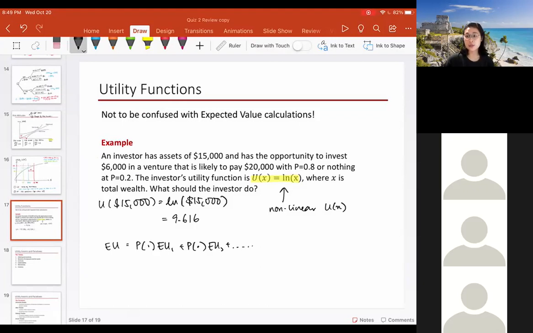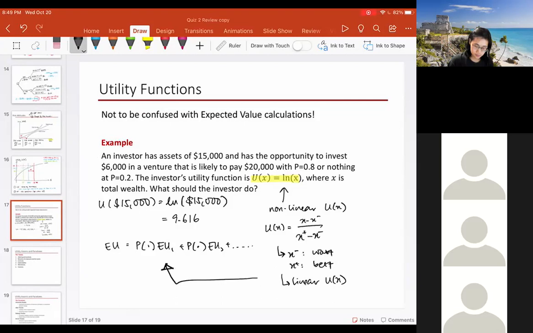An example of a linear utility function is where x minus is just the worst outcome and x plus is the best outcome. So this is a normalization of dollar value to utility. This is a linear UX. Same thing, sub it back in here to calculate your overall expected utility.